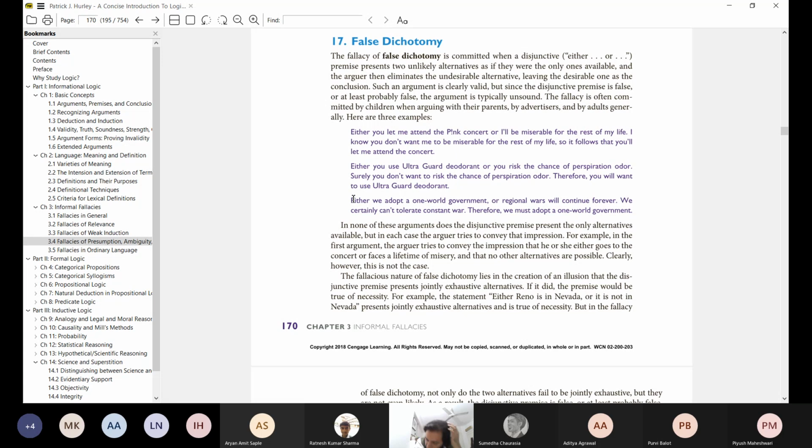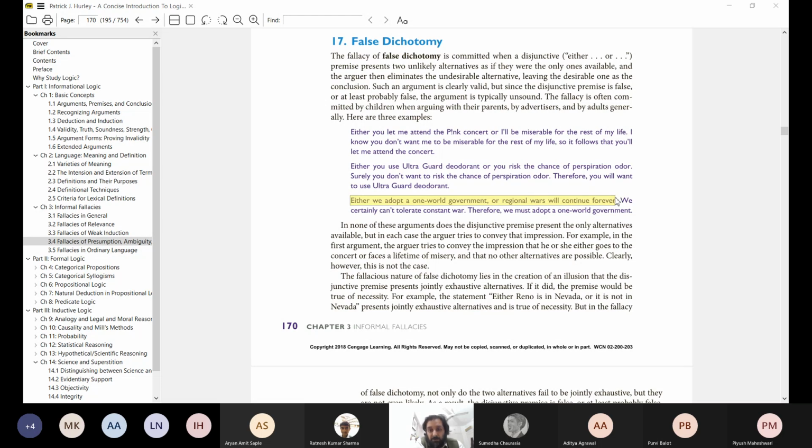So that sounds like Aditya's example again, a case where the issue is that these things are not exclusive. But from the point of view of a false dichotomy, are there other options? Are these the only two options available?